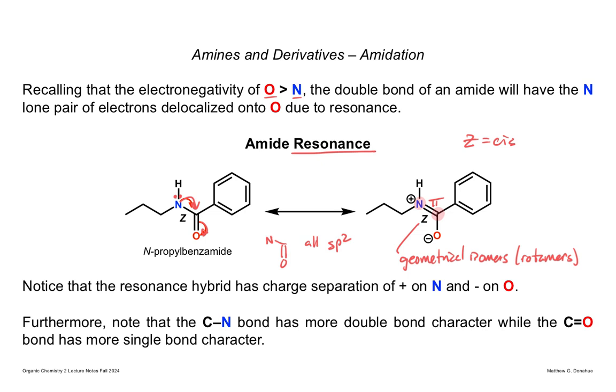So nitrogen has H and C, so C is priority 1, H is priority 2. The carbon has oxygen and carbon. Oxygen's priority 1, carbon's priority 2. The ones lie on the same side, so that's cis or Z.